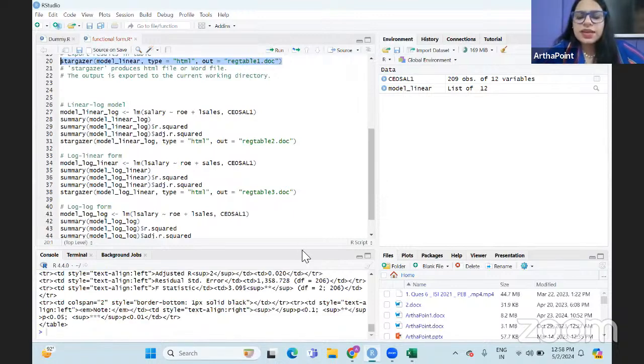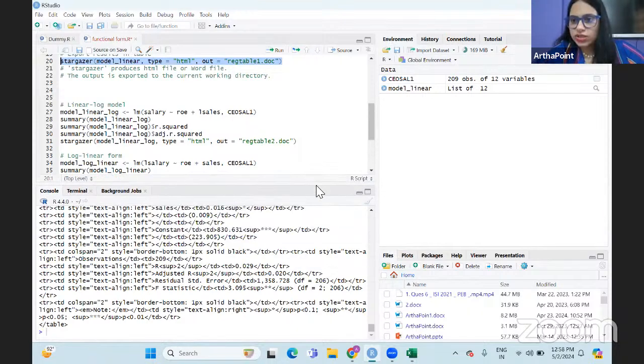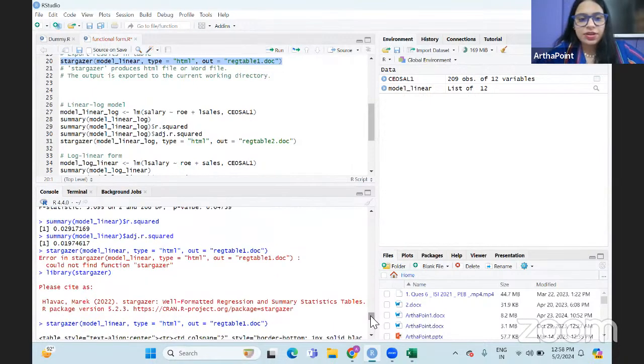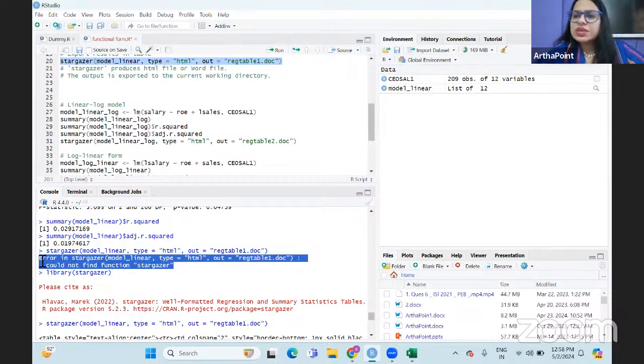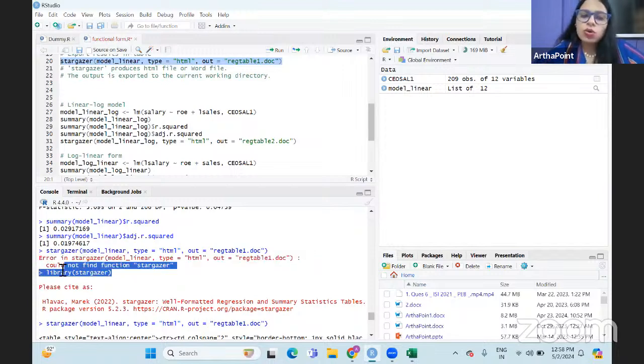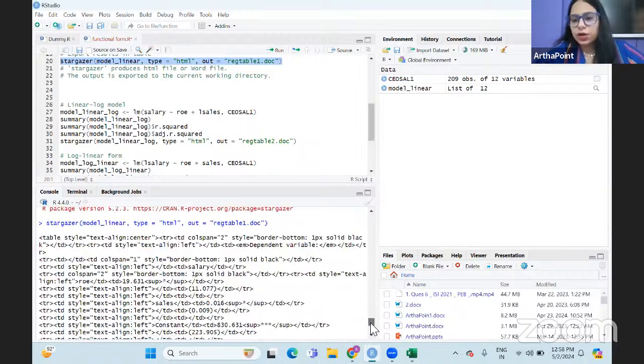Okay, so sometimes what happens now, if you don't load the library properly, it may give you some error कि I could not find this library. जैसे यहाँ पे उसने बोला ना, see it says error, could not find the function Stargazer. So the reason would be that you could not load the library properly. So go ahead and reload the library once and then run this command, it will work properly.